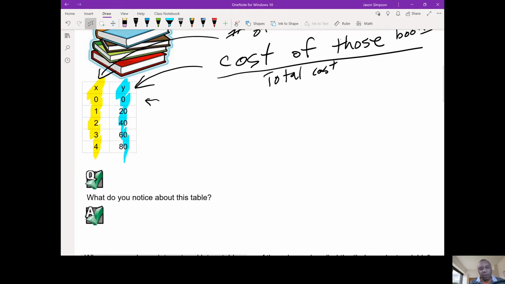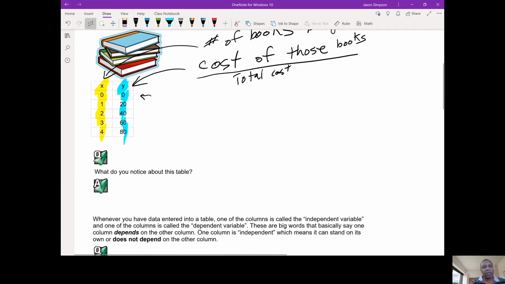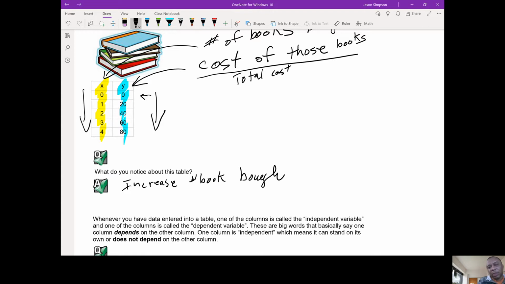If I'm looking at that table, it tells us the following: if I increase the number of books bought, you notice this means the cost goes up.